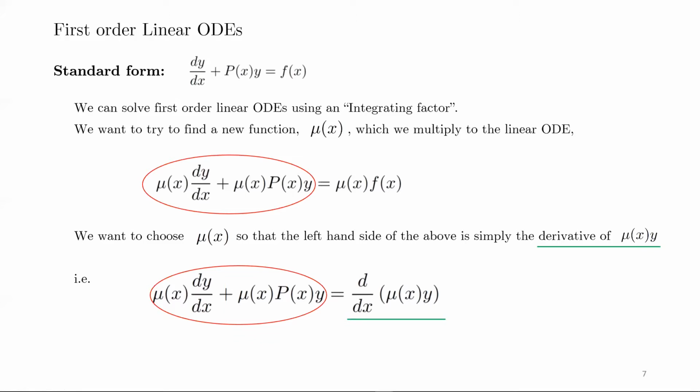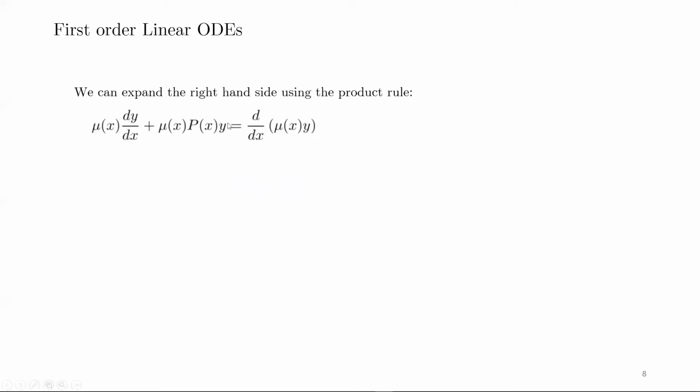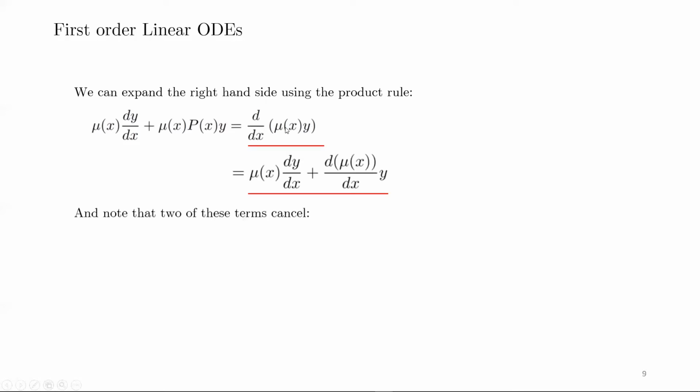If I rewrite that last equation, the left hand side, mu times dy dx plus mu times p times y, equals the derivative with respect to x of mu times y. I can expand this right hand side using the product rule. Keeping mu constant and taking the derivative of y, I get mu times dy dx, and then by the product rule, a second term plus, keeping y constant now, d mu by dx times y.